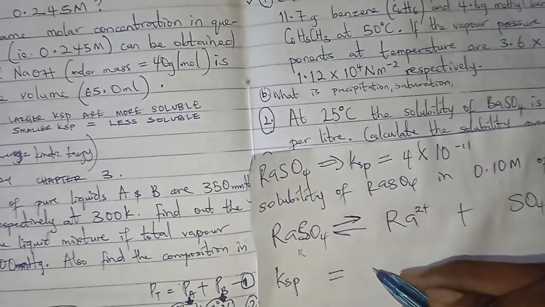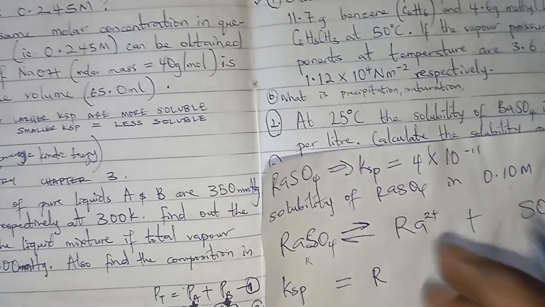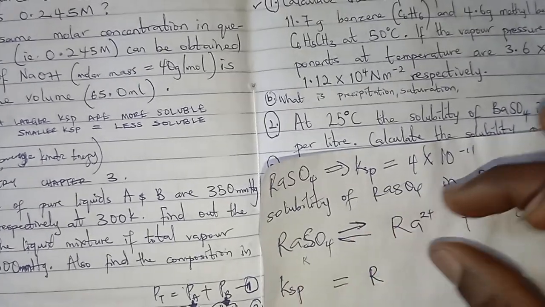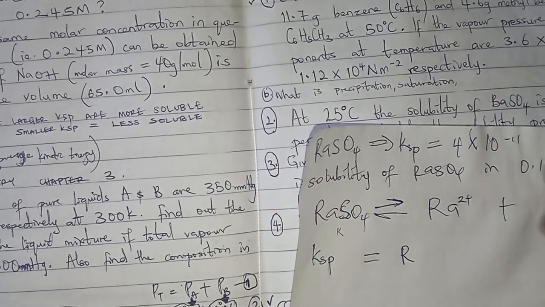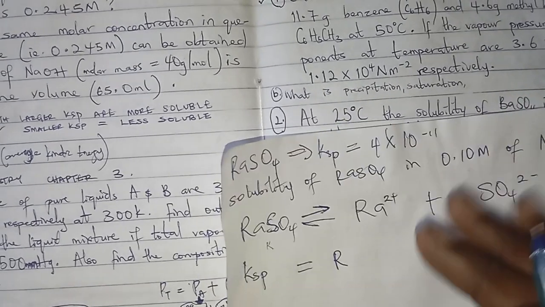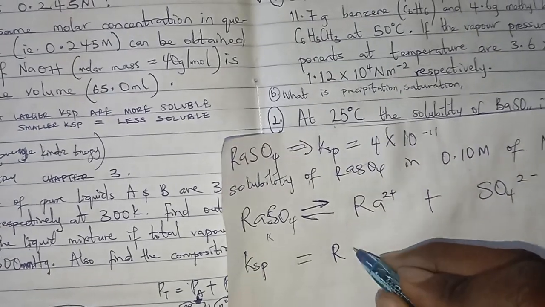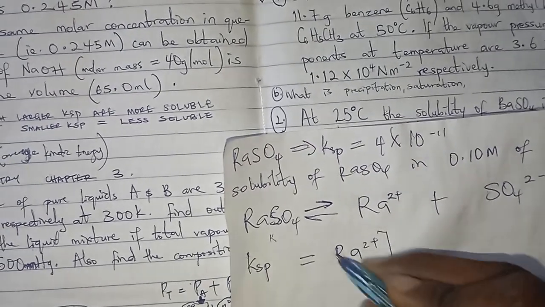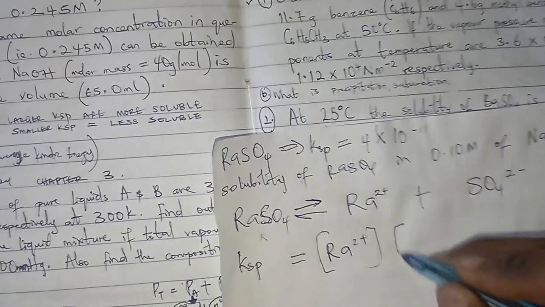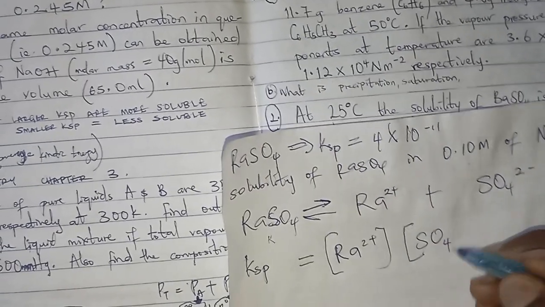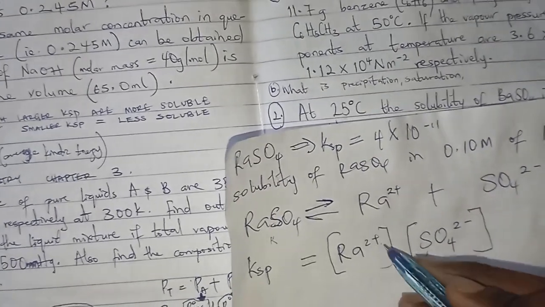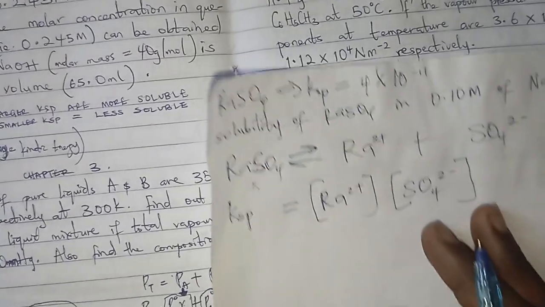Just know that solubility product is always equal to the product of what you have on the right hand side of the solubility equation. So this is going to be Ra2+, this box is concentration box, SO4 2-, and we don't start to do anything with the ions, we just put it there, indicate it, finish.